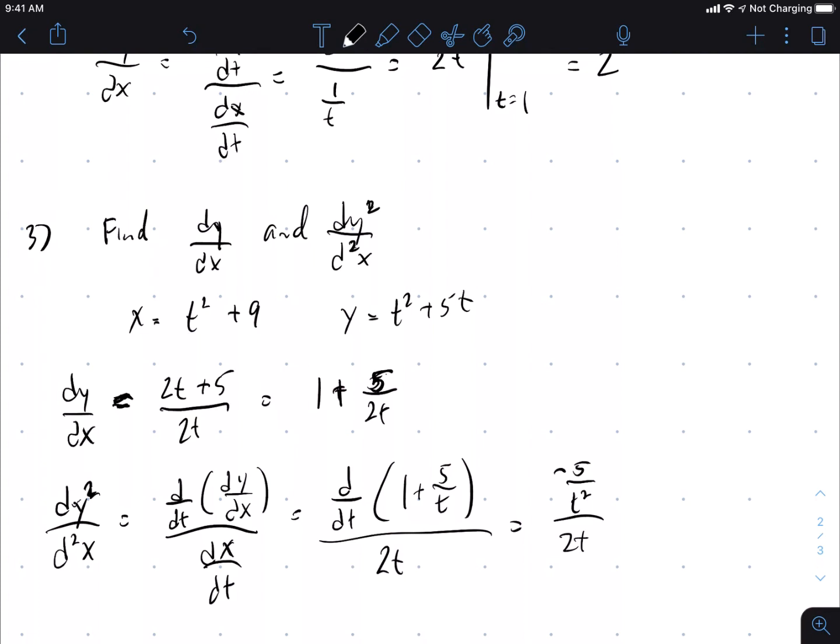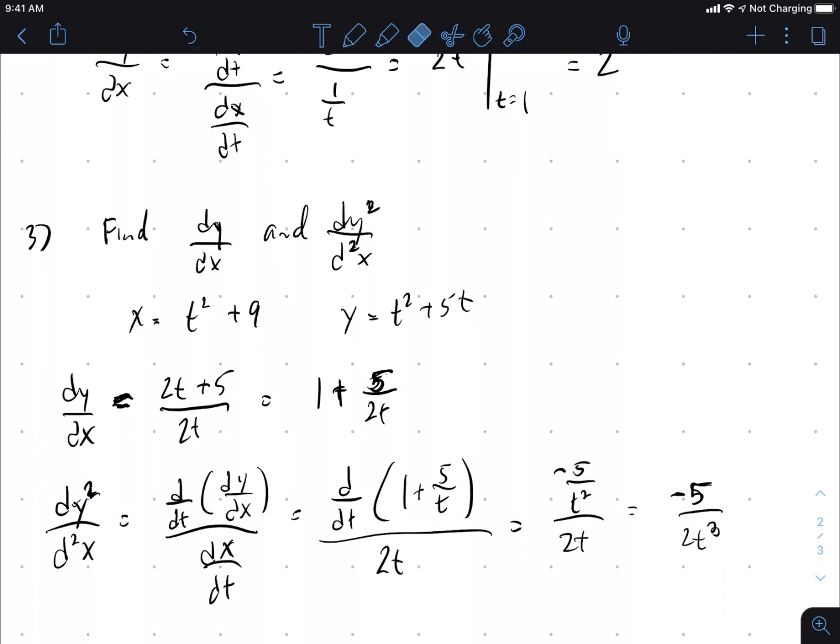It's negative because the 5 over t, if you bring it up, becomes 5 times t to the negative 1, and then when we take the derivative, the negative goes in front, correct? So then that's going to give me a negative 5 over 2t cubed. Is that right?